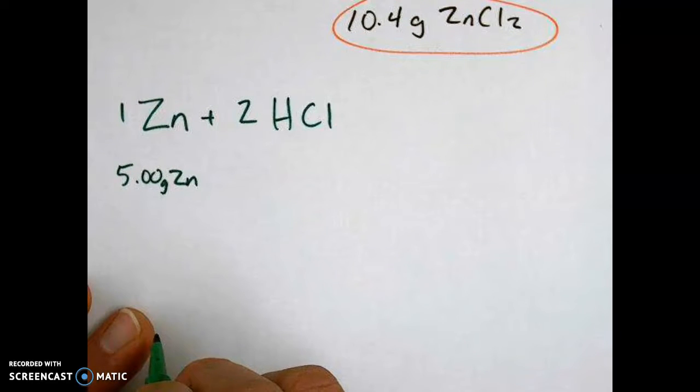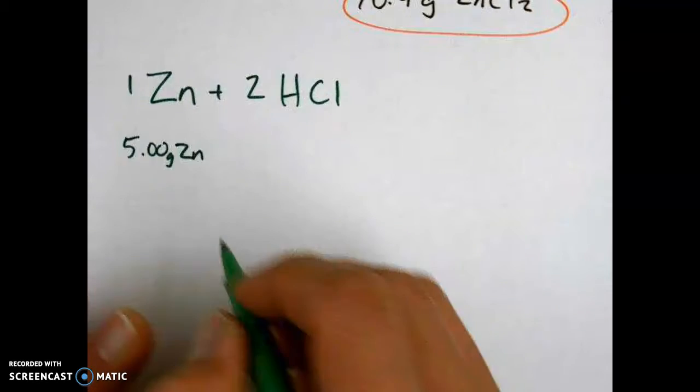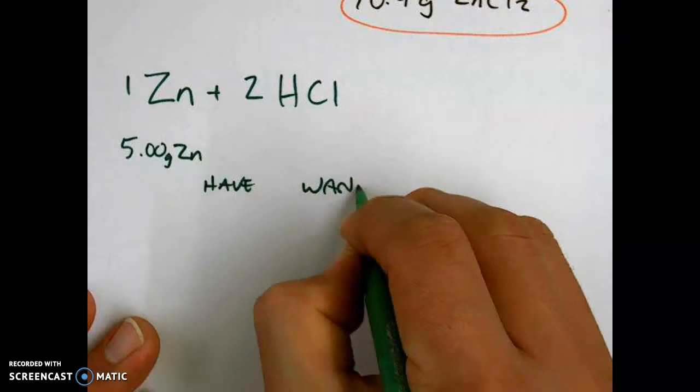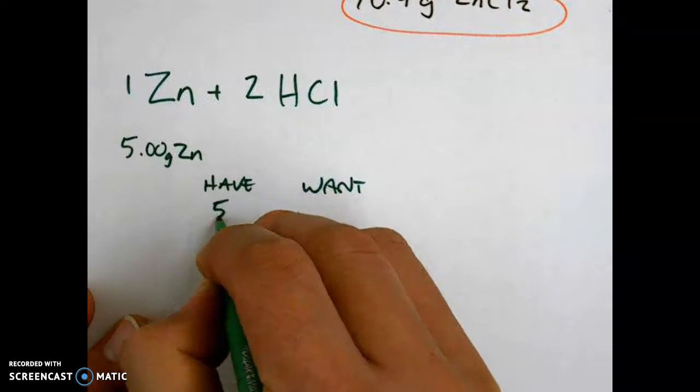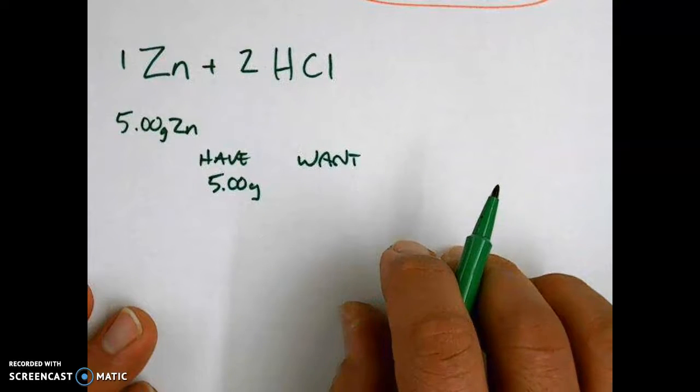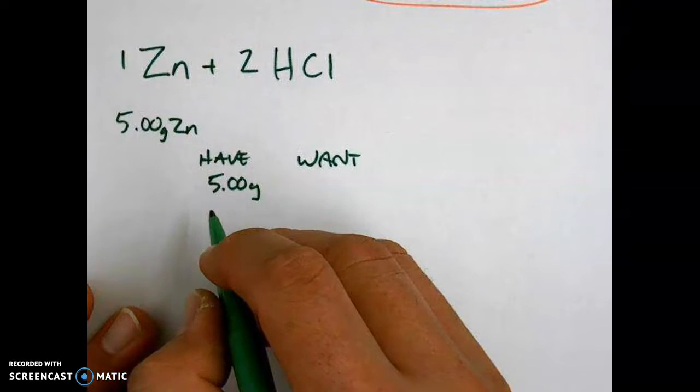Let me show you the chart method. What I have, what I want. What I have is zinc. If you look at the periodic table, zinc is 65.38.